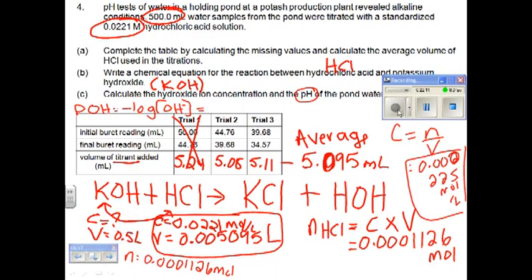Plug in that number. Log comes out to be 3.647. So pH is 14 take away 3.647. So long question, no doubt. Comes out to be 10.35.